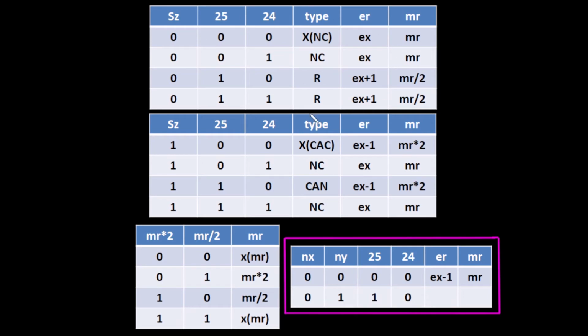We've seen these truth tables before: this one here for the addition, this one here for the subtraction, and this little truth table that we generated in order to control the multiplexers, which are choosing the value for our MR and MR divided by 2, but we won't get into that here.